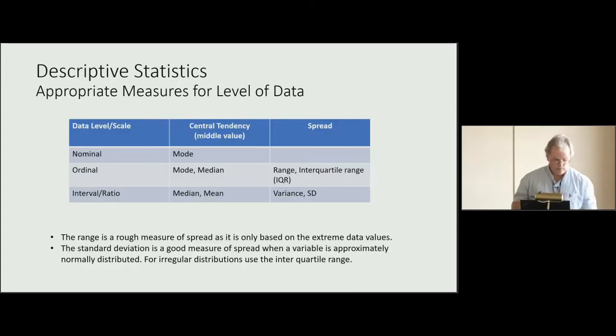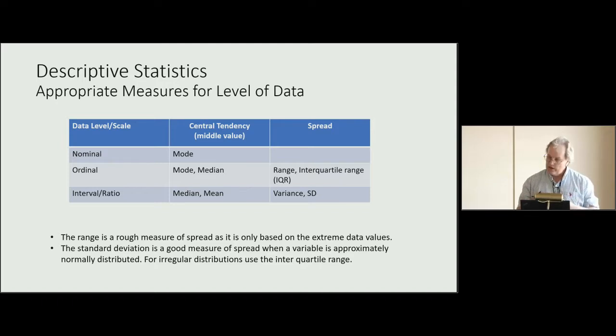So the type of data, the scale of the measurement, dictates which measure of central tendency and which measures of spread we should use to describe our data. So for nominal data, we typically use the mode. This is the most prevalent category. For ordinal data, this is data categories that have a natural ordering, we use the mode and median. And in terms of capturing the spread or the variability, we use the range and the interquartile range.